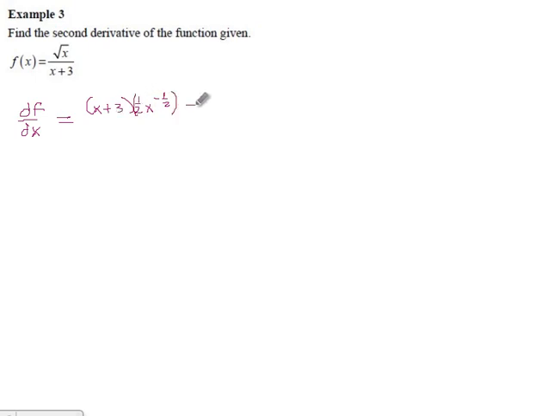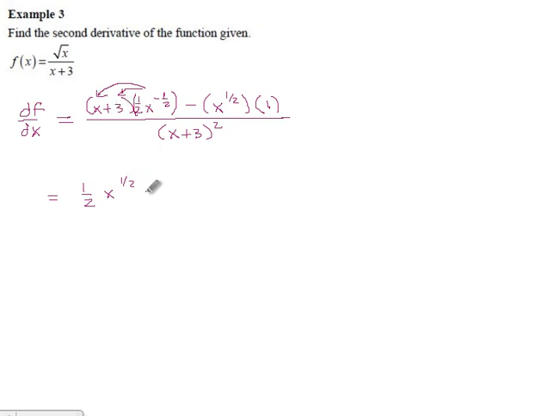So that's bottom d top minus top d bottom. The derivative of x plus 3 is simply 1, which is nice, all over the bottom squared. Now, if I multiply this out, this 1/2 x to the minus 1/2 goes through both of those terms, and we get 1/2 x to the positive 1/2, because you add powers here. 1 plus negative 1/2 is plus 1/2.